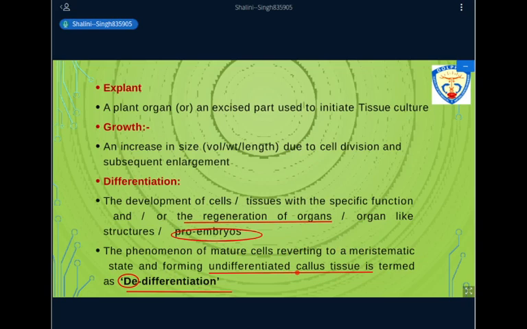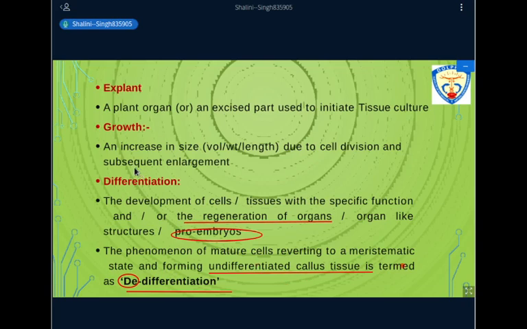Now what is a callus? As it is explained here, it is undifferentiated. That means your cells are just dividing and dividing. They are not being differentiated into different organs. You cannot identify, you cannot differentiate. This is the stem of the plant. It is a mass of cells.